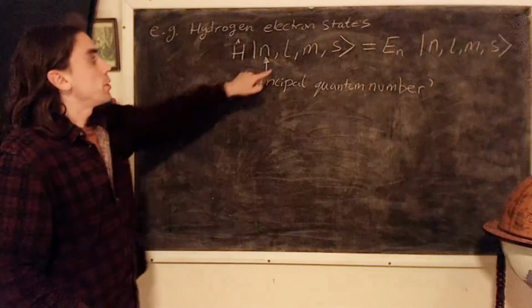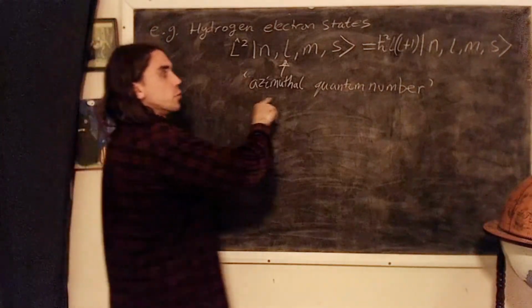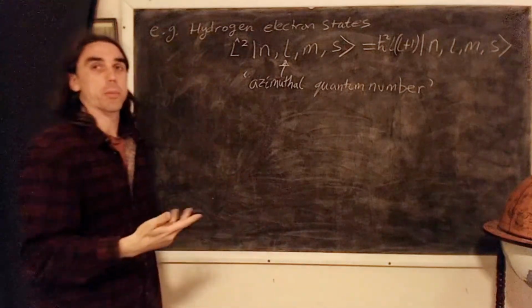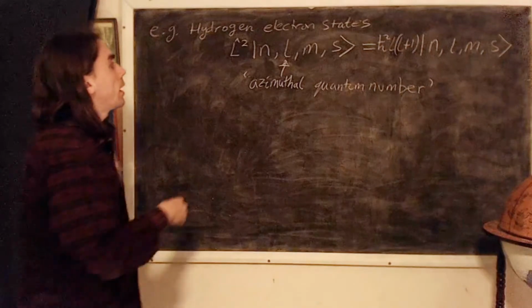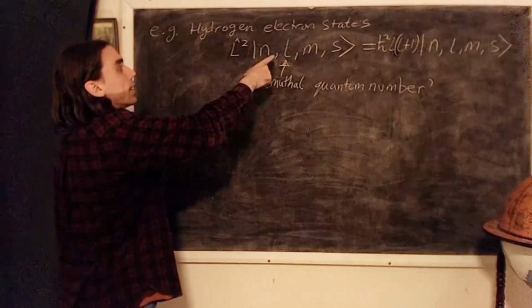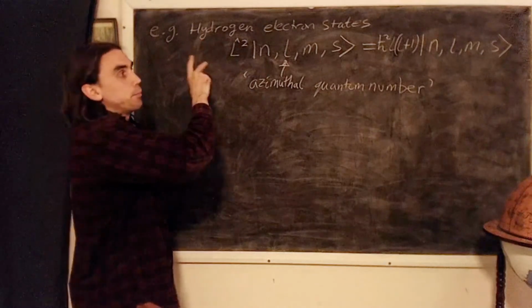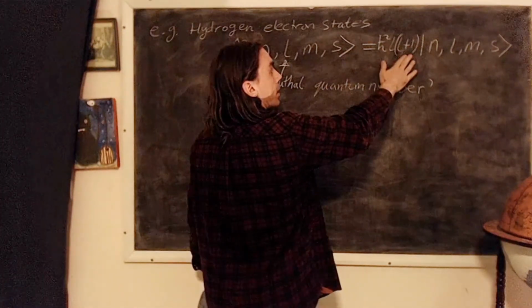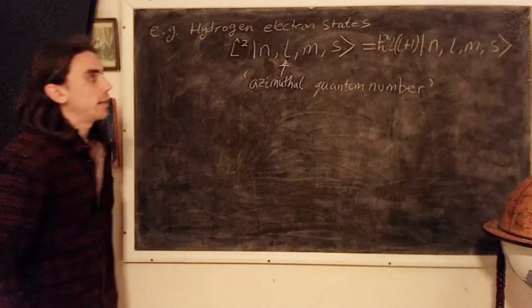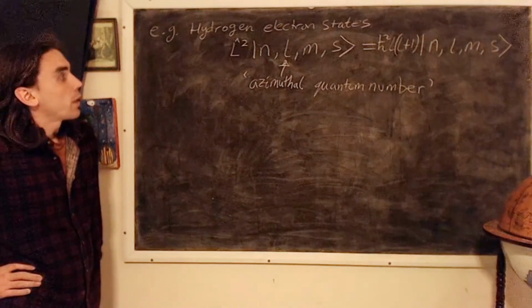We can also extract L. L is called the azimuthal quantum number. We'll see much more of it when we come to study angular momentum in lecture 10. It's associated with the operator which is the square of the angular momentum, and it returns h bar squared L times L plus 1, where L is an integer greater than or equal to 0.